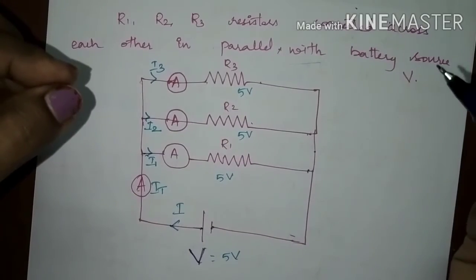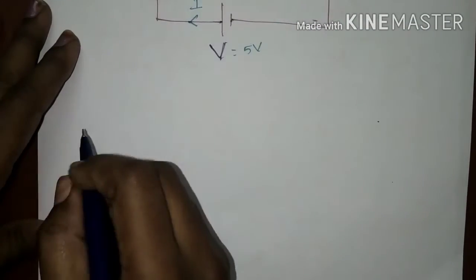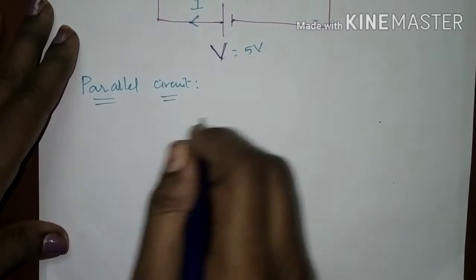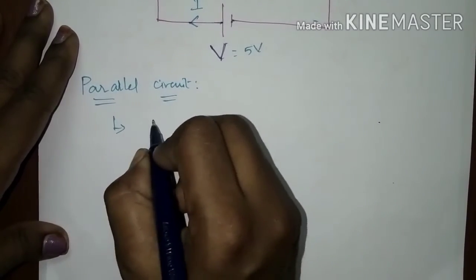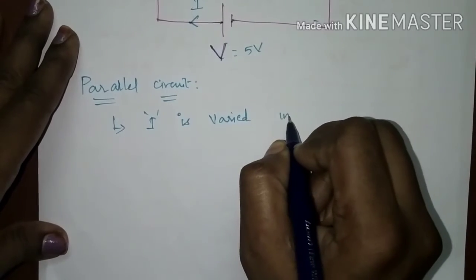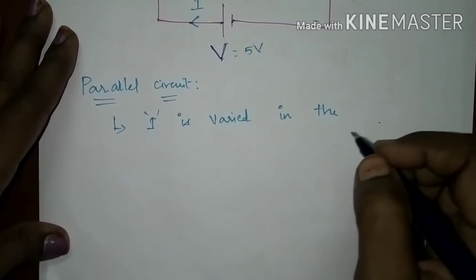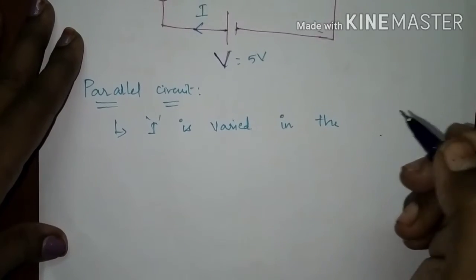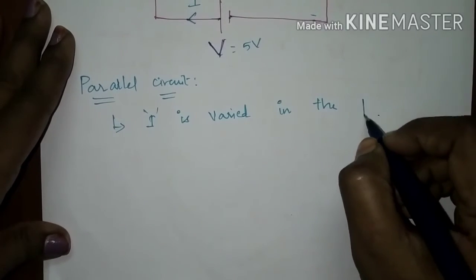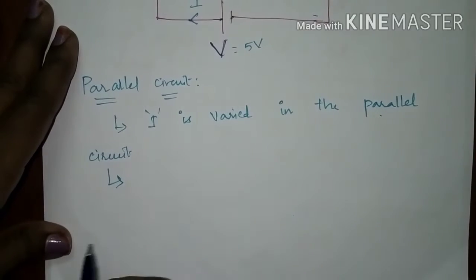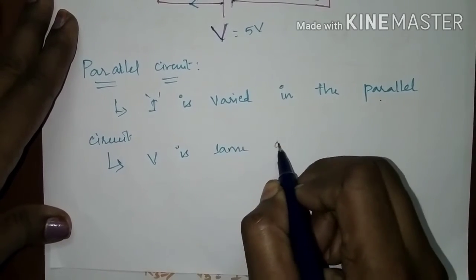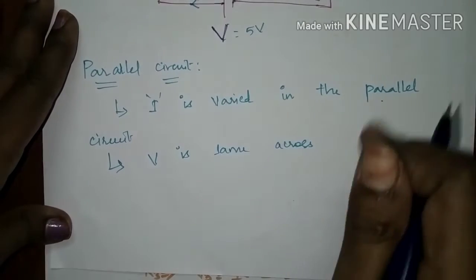So, each resistance will have the same voltage drop or same potential difference irrespective of the current flowing through the circuit. In a parallel circuit, the current varies according to the resistance value. If the resistance is high, the current value would be low. If the resistance is low, the current value would be high. But the voltage is the same across all the parallel elements present in the circuit.